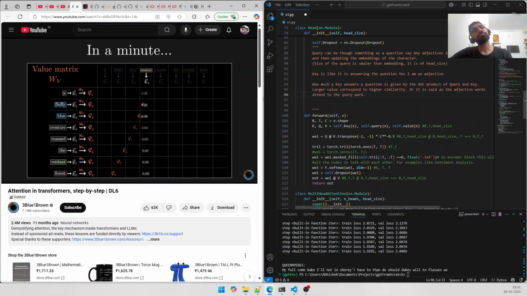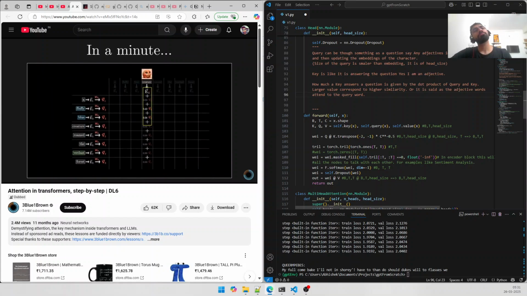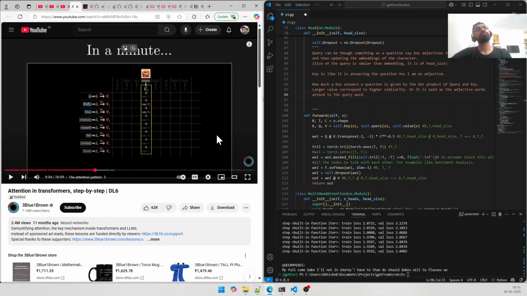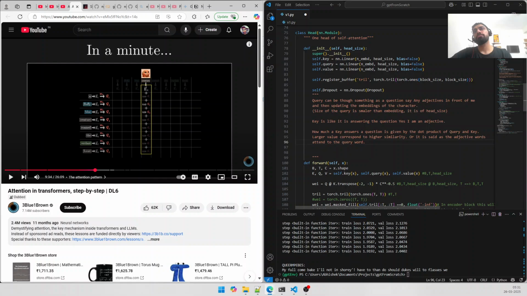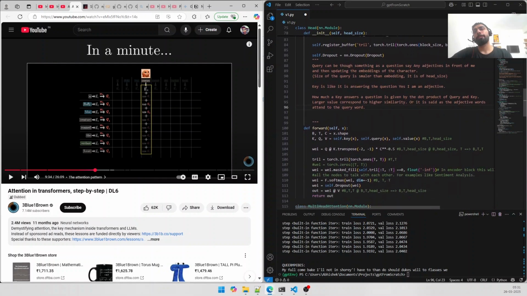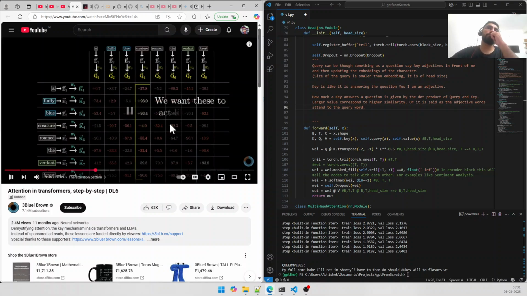The way we're about to use these scores is to take a certain weighted sum along each column, weighted by the relevance.